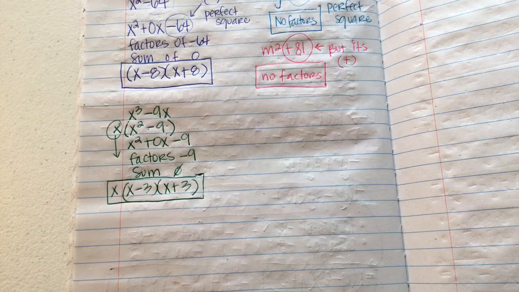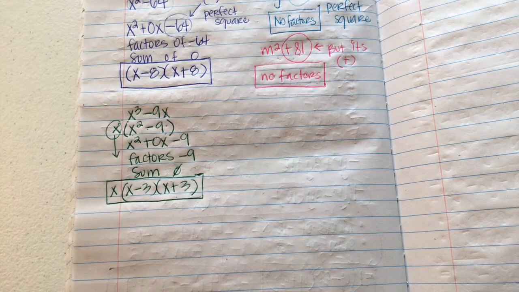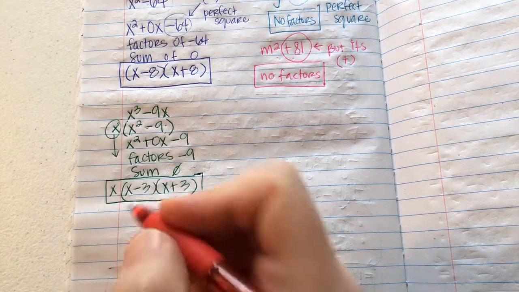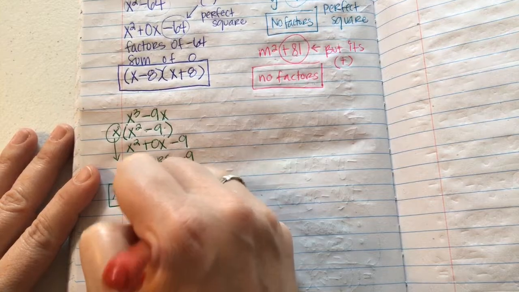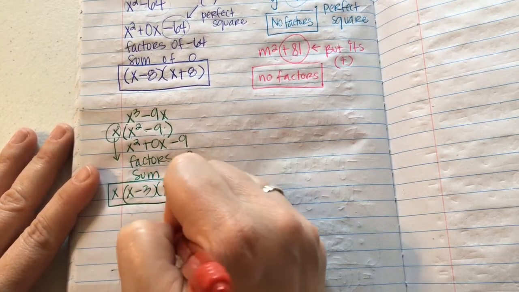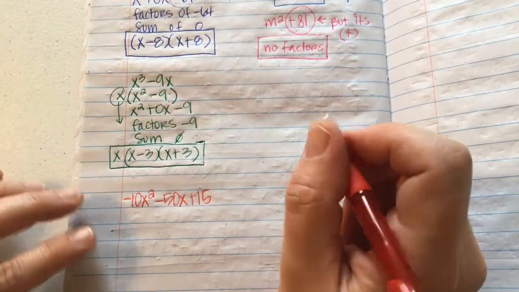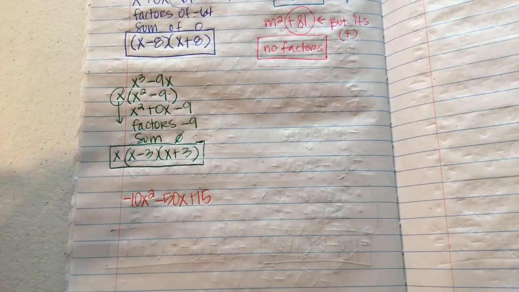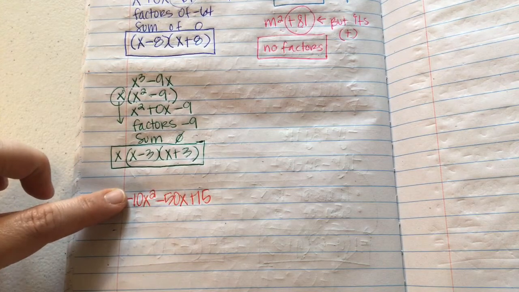Let's keep going. Let's do this: negative 10x squared minus 50x plus 15. All right, so first things first. There's a negative coefficient, correct?